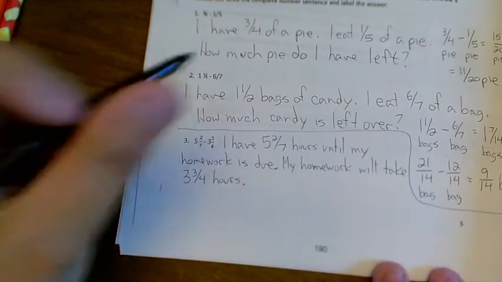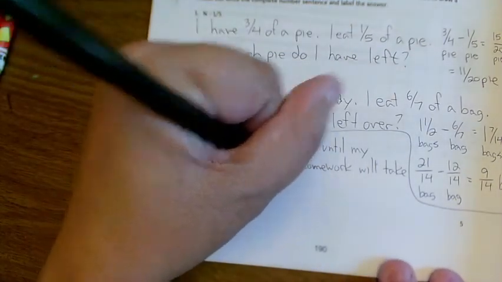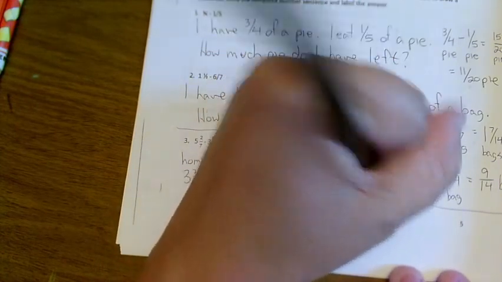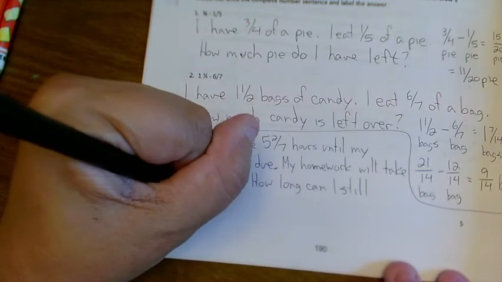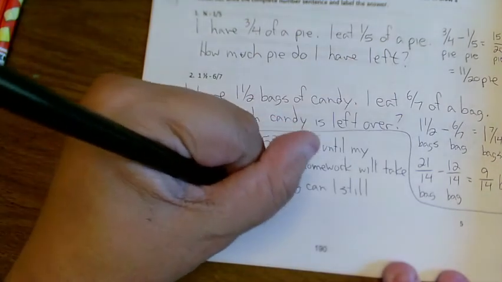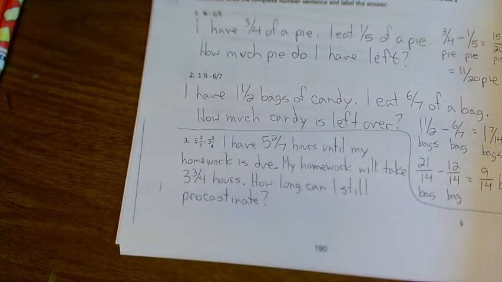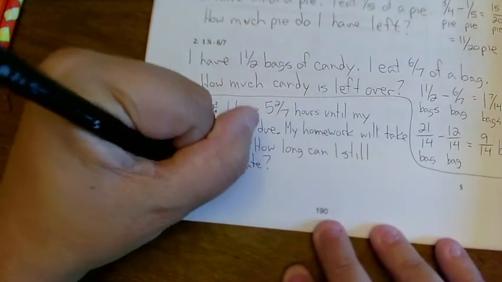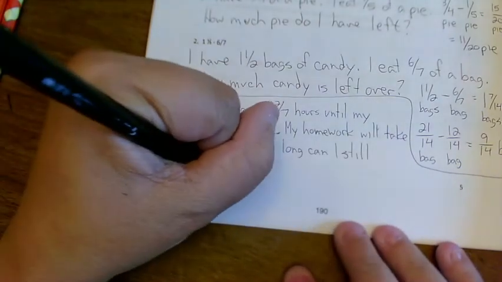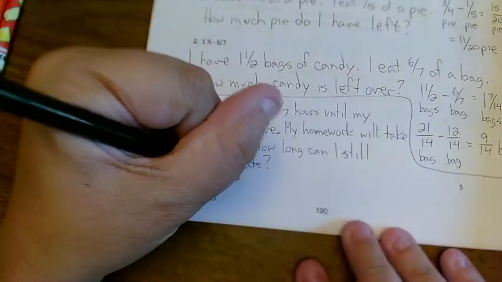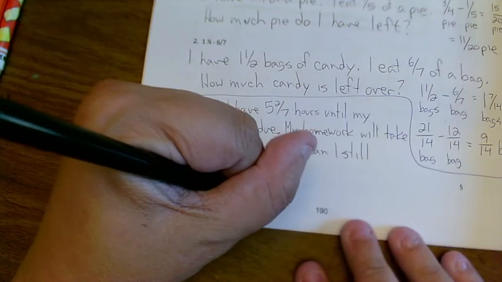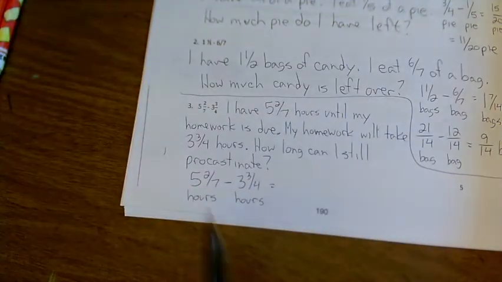So the question would be, how long can I still procrastinate? You've never done any of that before, right? So one of my favorite word problems ever written by a student before. All right, so we have 5 2/7 hours, and we're taking away the 3 3/4 hours it would take. So all of the time remaining, we can still be wasting not doing our homework.